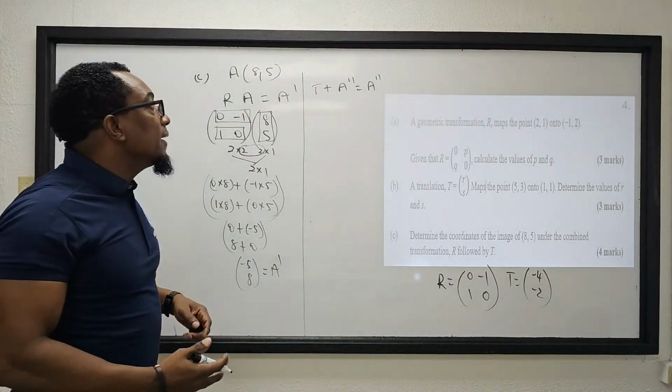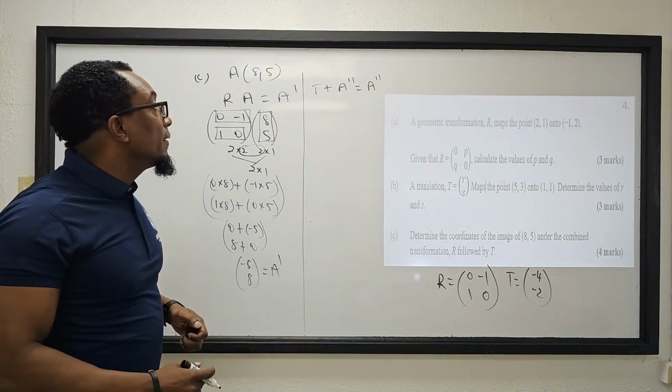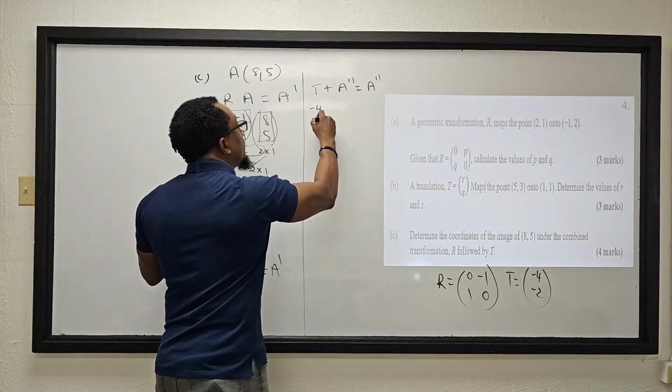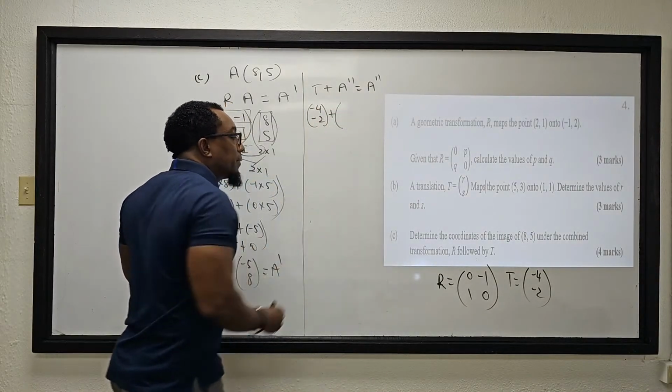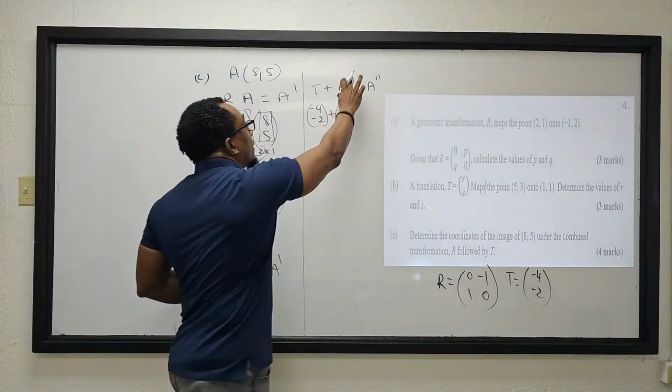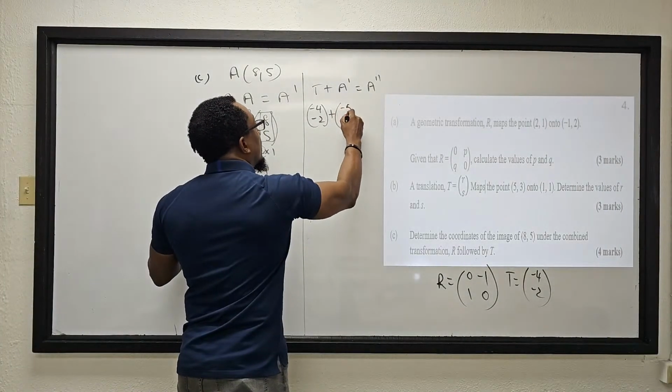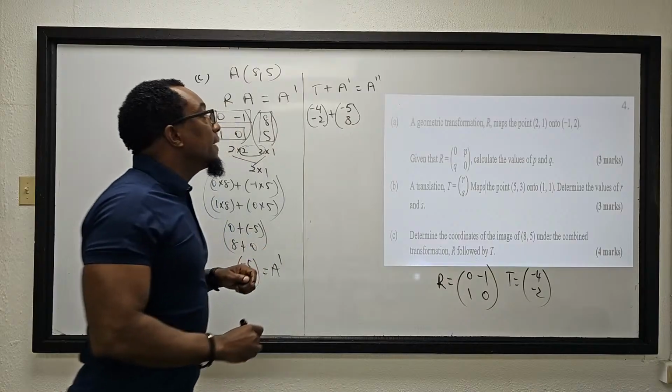I've just named it A double prime, A prime and so on, right? So the translation T is -4, -2, which I'm going to add to A prime, which is -5, 8, to give me A double prime.